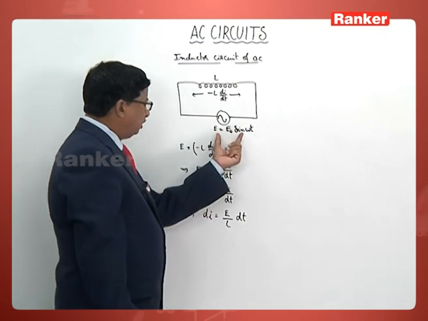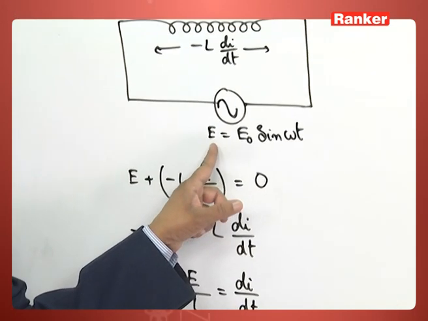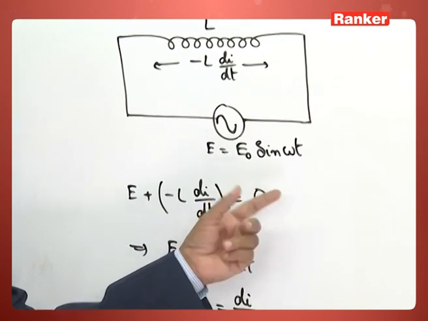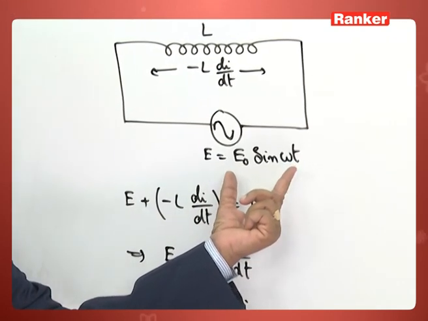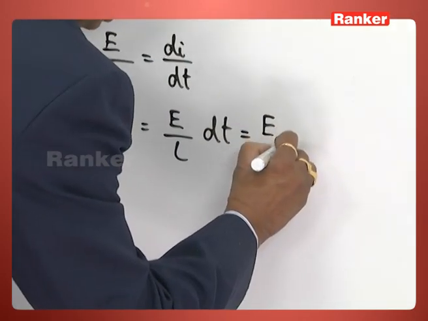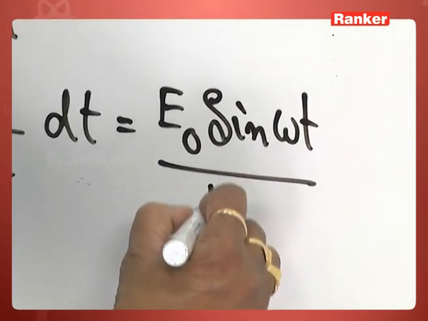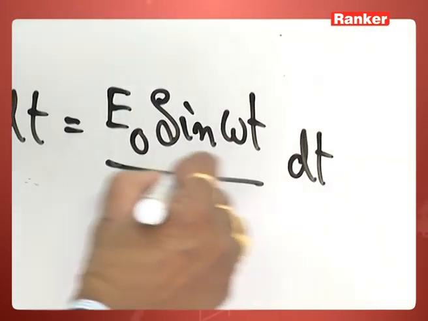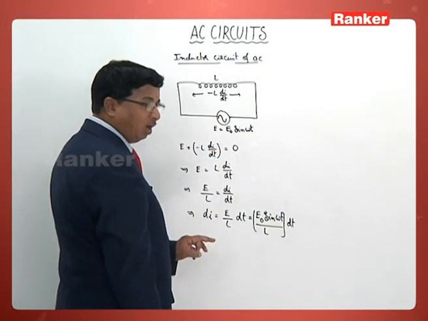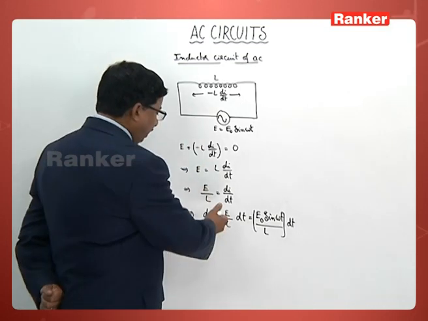But everyone can identify from the circuit that this instantaneous value of EMF in terms of the peak value can be represented by this equation. So we can write now E as E naught sin omega t by L into dt. That is actually the concept. Now we want the value of current from this equation. So simply integrate that.